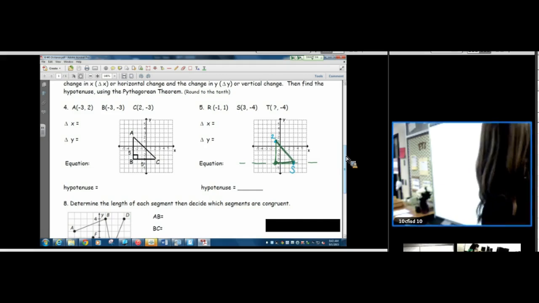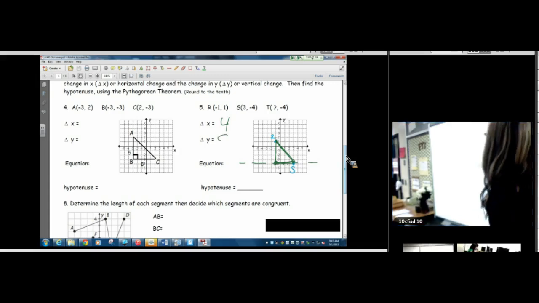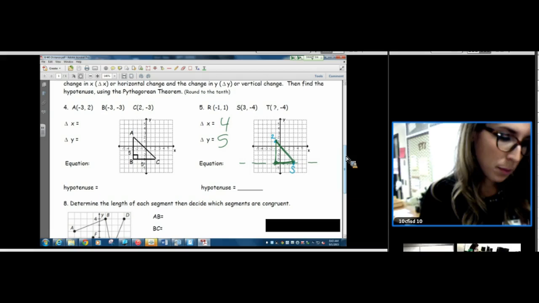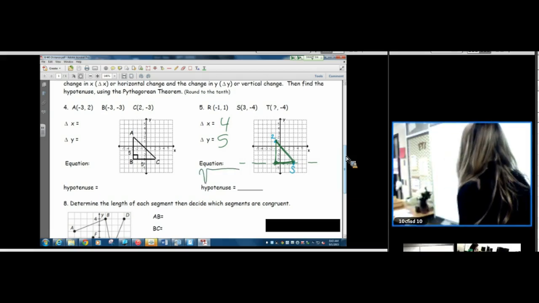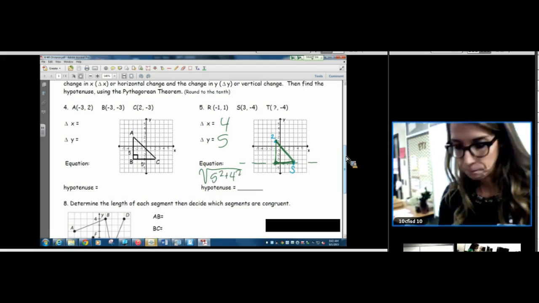Once we know where that point is, now we can find delta X. 1, 2, 3, 4. We can find delta Y. 1, 2, 3, 4, 5. And then we can do A squared plus B squared equals C squared. You're just doing Pythagorean theorem.